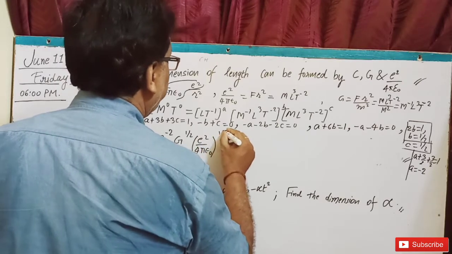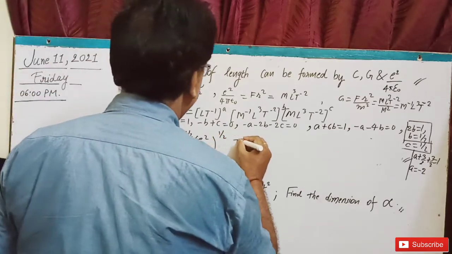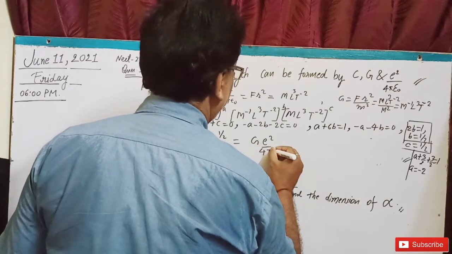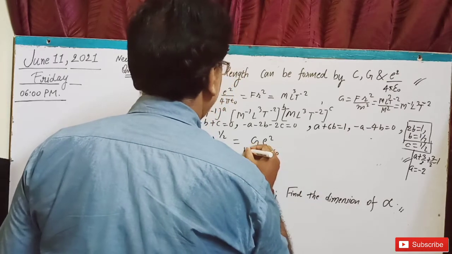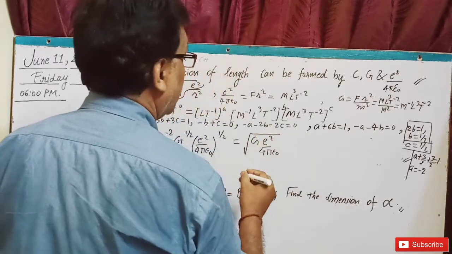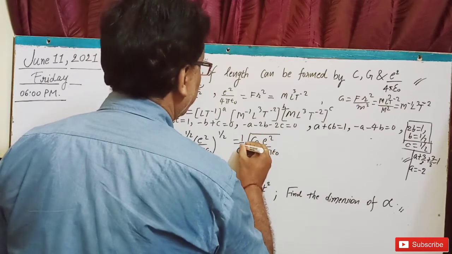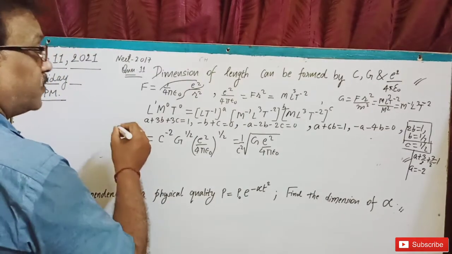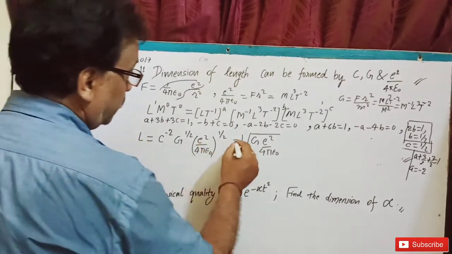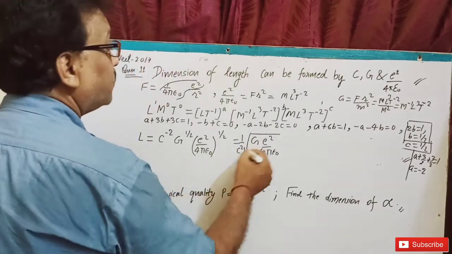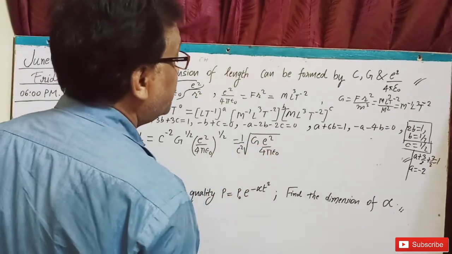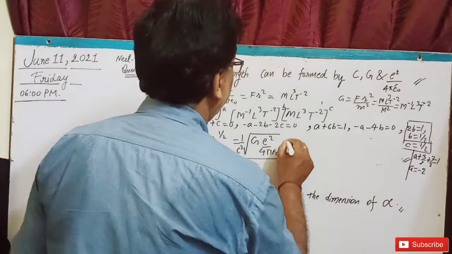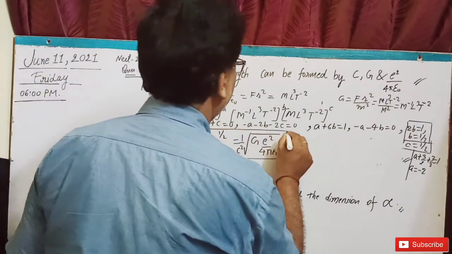It is 1 by 2. So we can write it as the root of G e square upon 4 pi epsilon naught, and 1 upon c square. So the correct answer is L is equal to 1 upon c square times the square root of G e square upon 4 pi epsilon naught. So in this way we can determine the value of L.